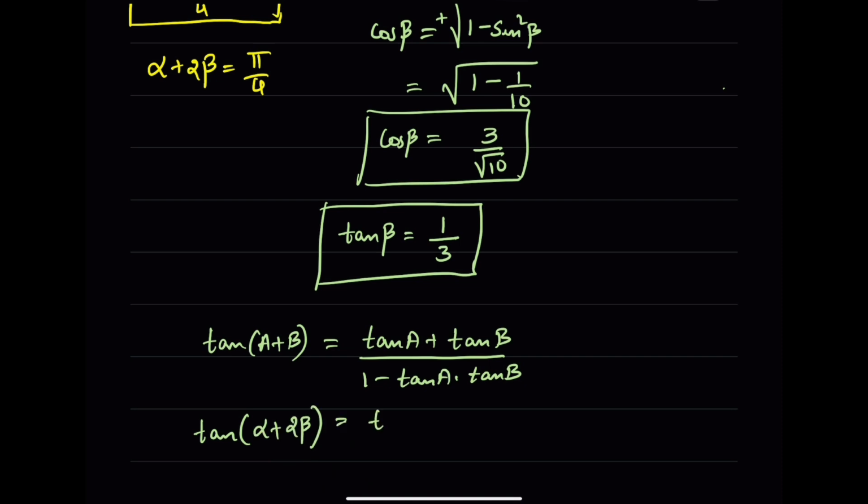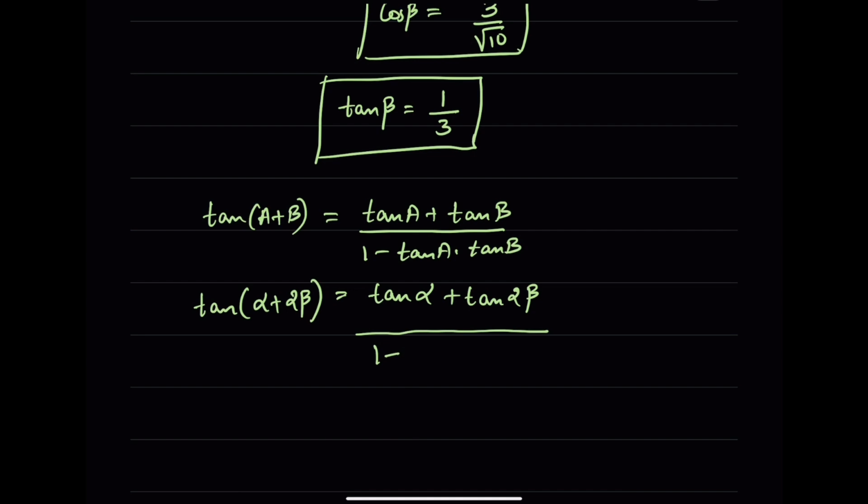So this would be tan alpha plus tan 2 beta, whole thing divided by 1 minus tan alpha tan 2 beta. Now when we apply, we require the value of tan 2 beta.